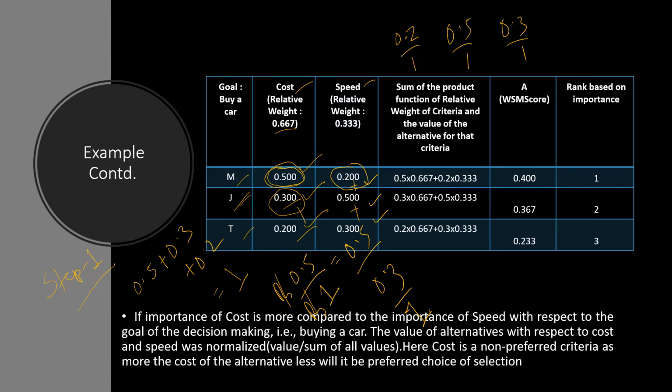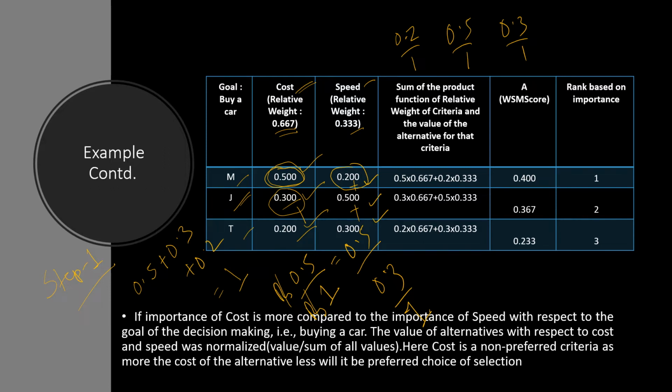That means for me, cost is important and speed is less important if I compare both of them. That is why I have assigned more weightage to cost than speed. But for you, it may be different. So with a change in decision maker, this weightage will also change.